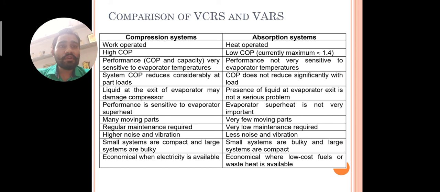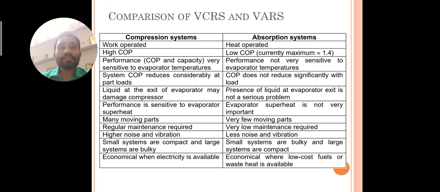However, this is not found in absorption systems because they are not using any kind of compressor, and they are also not operating at very high pressure. Due to using a compressor, compression systems have more moving parts and have to be made more sturdy, whereas in absorption systems there are very few moving parts, and even zero moving parts if we are talking about the Electrolux refrigerator.